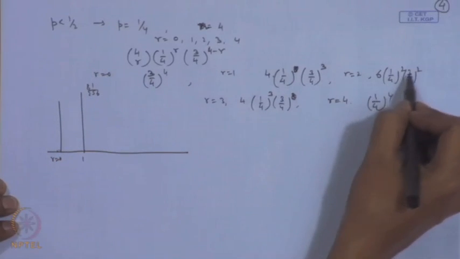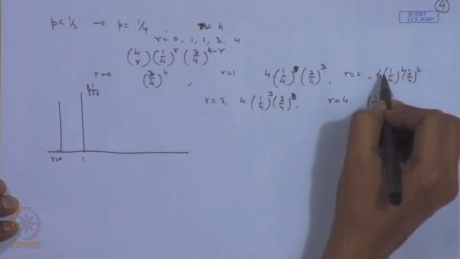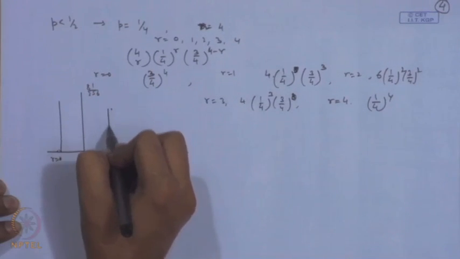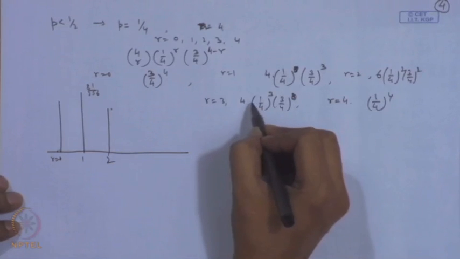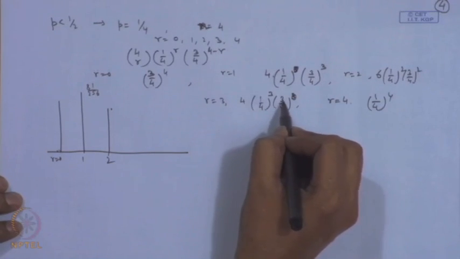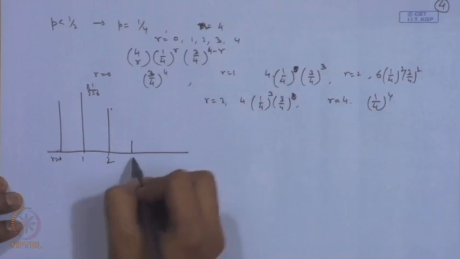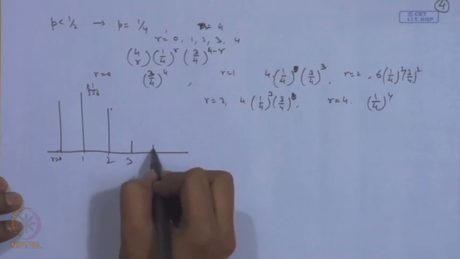Corresponding to r is equal to 2, it is 54 by 256, that is it is coming down. Corresponding to 3, this is turning out to be 3 by 256. Corresponding to r is equal to 4, it is 1 by 256.